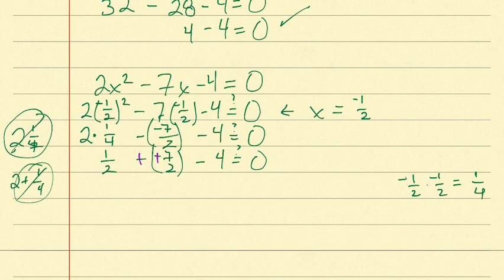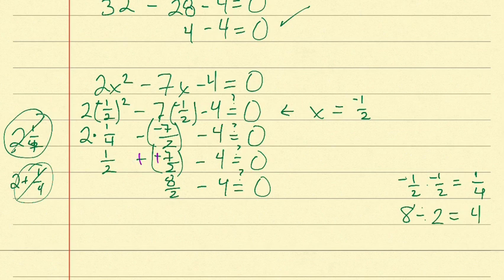I have like terms. I can just add my numerators. So 1 plus 7 is 8. I have 8 halves minus 4, I hope, is equal to 0. And of course, as you recall from elementary school, 8 divided by 2 is 4.